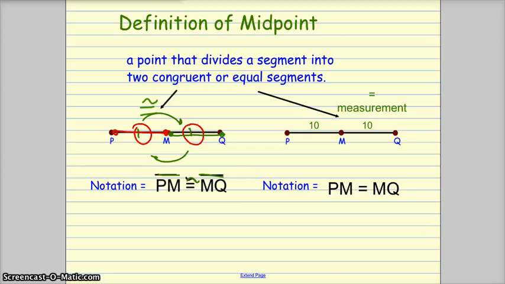When we discuss equal, we're saying now that the measurement, the ruler that you would use to measure, has the exact same measurement from P to M as it does from M to Q. The idea of midpoint is that it is this point that's doing it, but you have to ask yourself when you're talking or writing or reading, is it, again, dealing with measurement or dealing with an object?